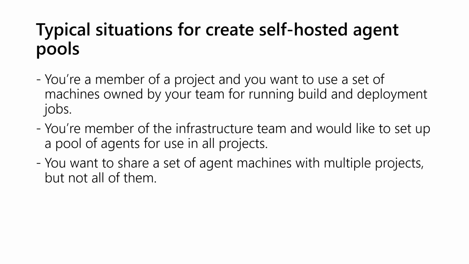You are a member of the infrastructure team and would like to set up a pool of agents for use in all projects. First, make sure you are a member of a group in all pools with the administrator role. Next, create a new organization agent pool in your admin settings and select the option to auto-provision corresponding project agent pools in all projects while creating the pool.